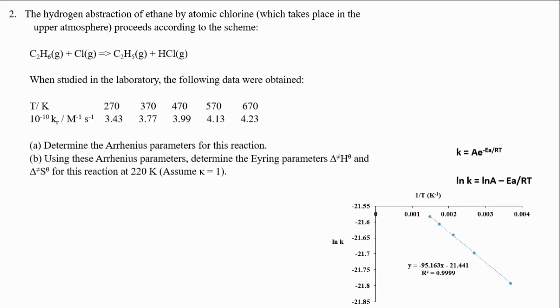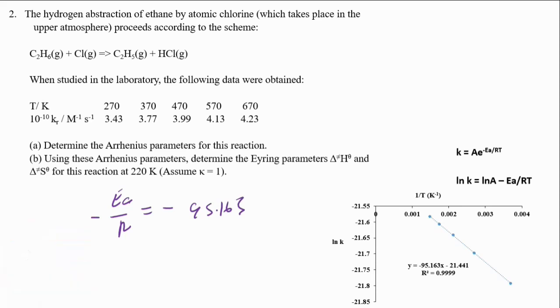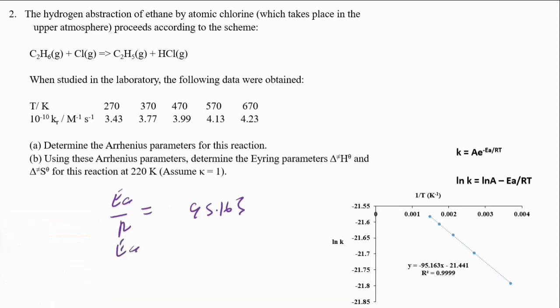Right away I can determine EA over R. For me, minus EA over R is equal to minus 95.163. I can ignore the negative signs, since both sides are negative, and so I can easily work out what EA is.